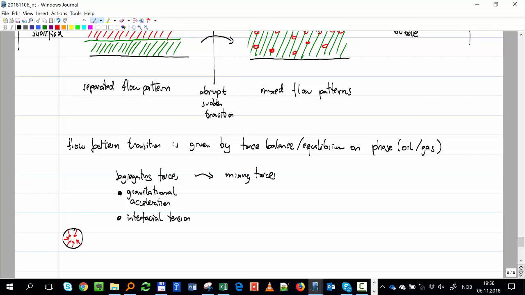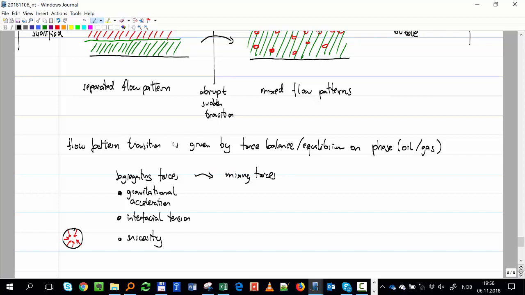What else do we have as a segregating force? Sometimes viscosity can be a segregating force, because it dissipates kinetic energy. It creates friction, and friction creates some segregation.